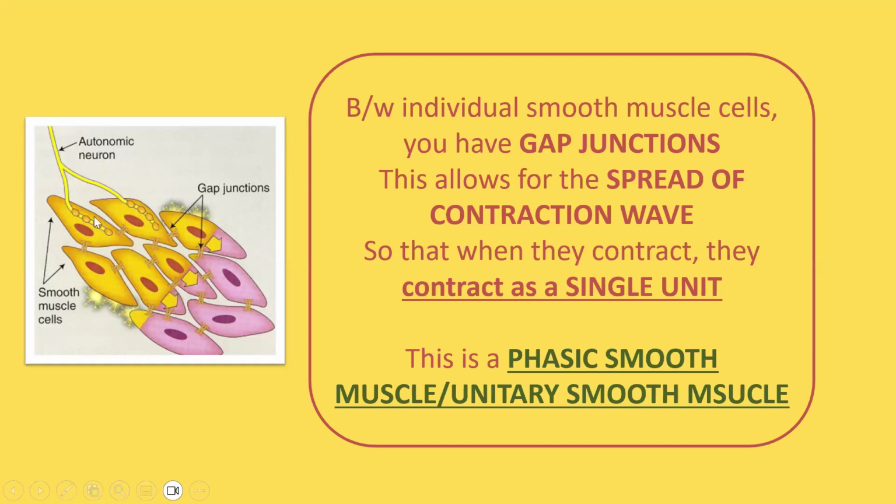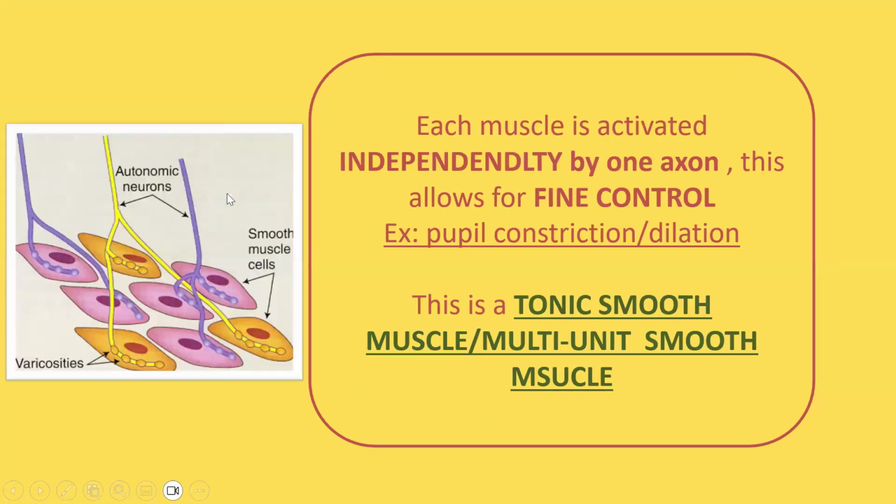So only one neuron can stimulate two muscle cells, but these two muscle cells will spread the wave of contraction to the other surrounding muscle cells and allow for the contraction of this entire thing as a single unit. And this is called phasic smooth contraction or unitary smooth contraction because it is a single unit. And this is done primarily by gap junctions.